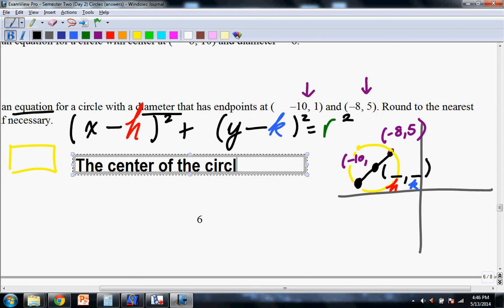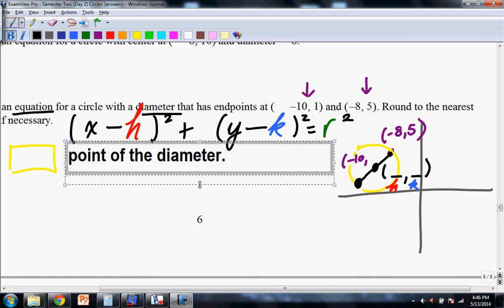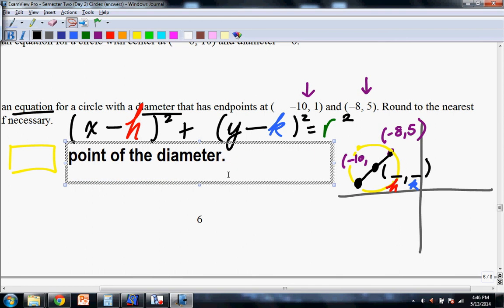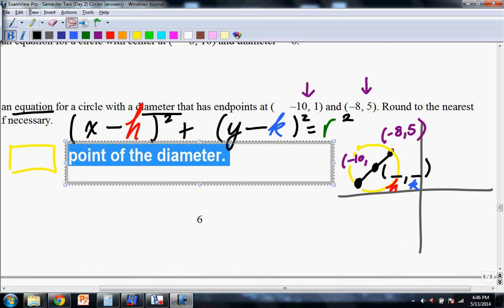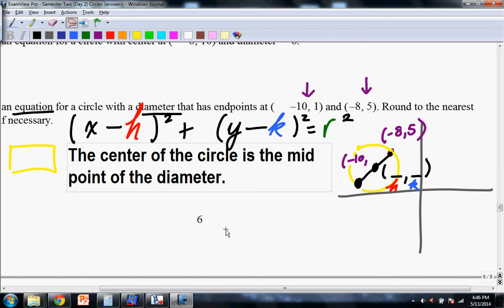The center of the circle is the midpoint of the diameter. So therefore, if we find the midpoint of the diameter, we'll have our h and k.